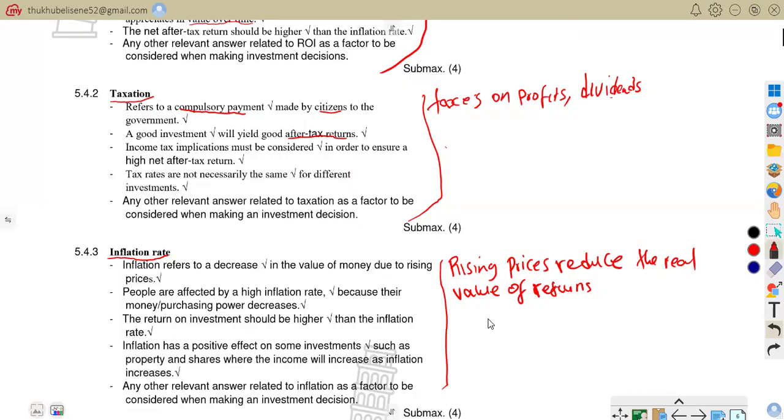So investments should outpace what? Inflation. The investment should outpace the inflation.